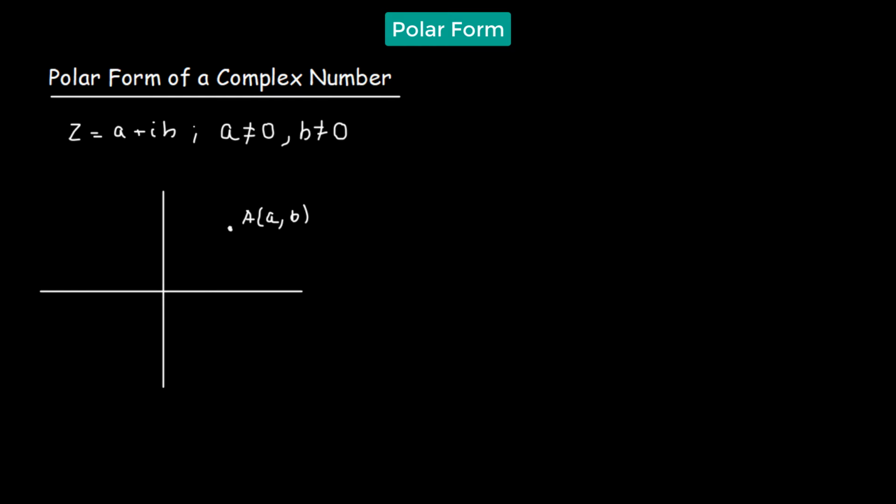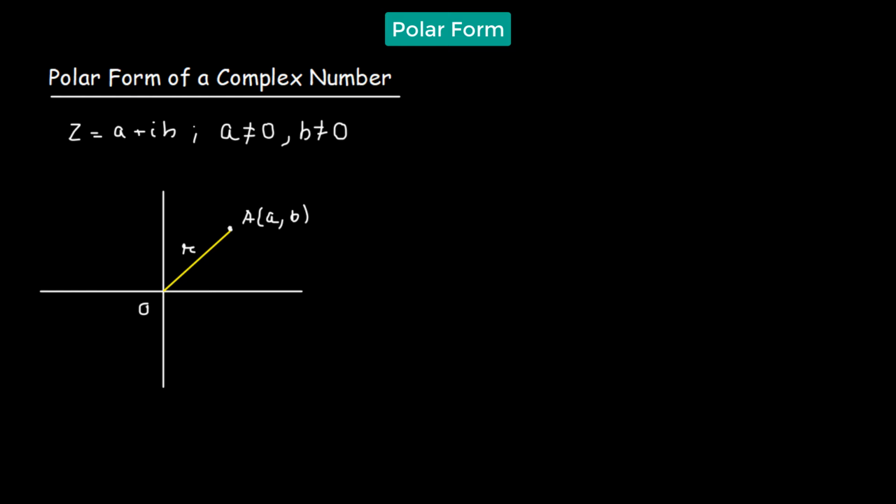So what we can do here is represent this point by the polar coordinates r and theta instead. We're going to draw a straight line from the origin to the point A, and we are going to name it the radius. So the radius is going to be a positive value originating at the origin, and it goes to the point A. It's going to be a straight line.